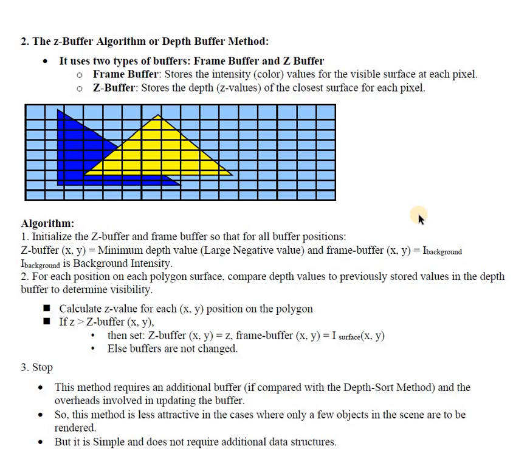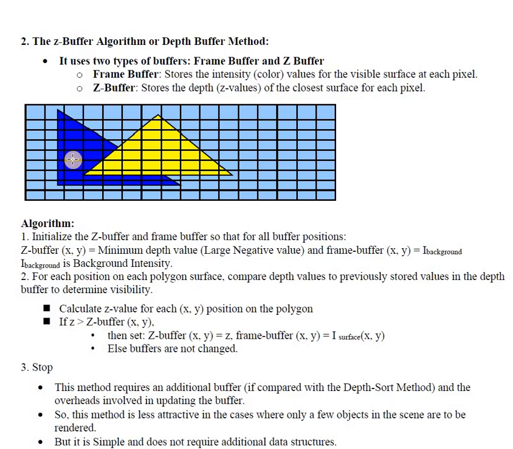Now for every position on each polygon, we compare the depth values to the previously stored values in the depth buffer. So for example, earlier in depth buffer the value stored is 0, and right now you can see we have a dark blue color polygon which is above it. So what will be its z value? The z buffer already has 0. If I consider the blue color polygon, what will be its z value?